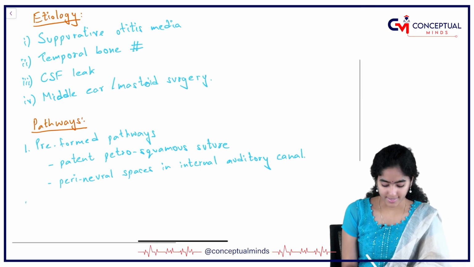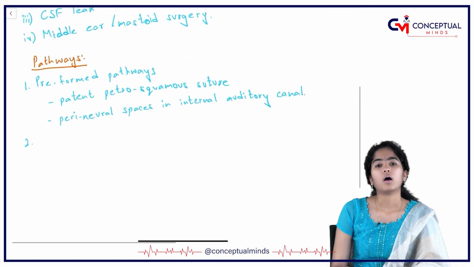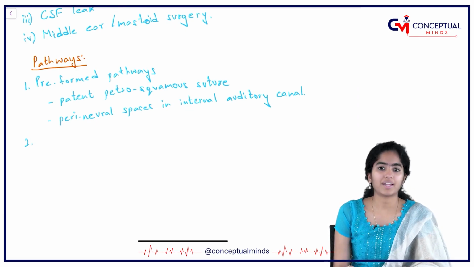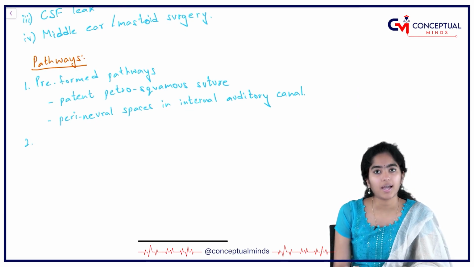Another route is blood-borne infections. Chronic infections can spread via hematogenous pathway. They spread by bone erosion followed by retrograde thrombophlebitis.